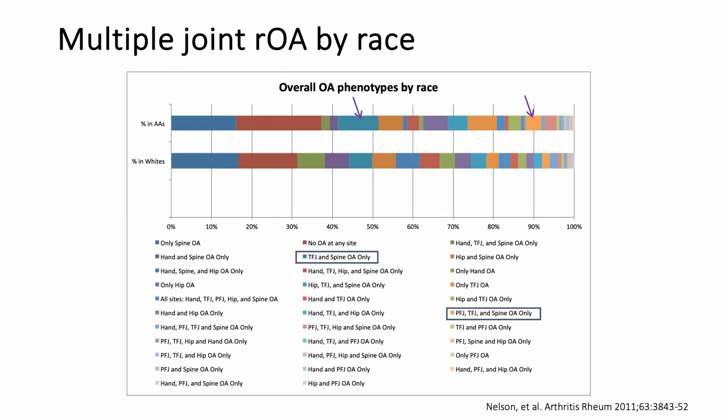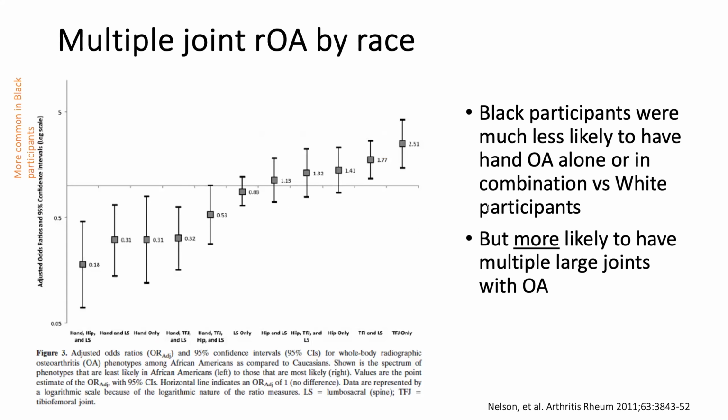If we look at it in a different way and ask which patterns are more common in which groups, then we can see here our adjusted odds ratios, so less common ones are down below. Black participants compared to white participants are much, much less likely to have any phenotype that includes the hand.